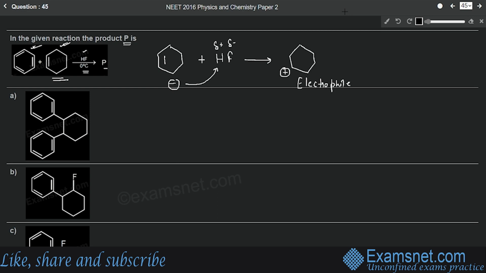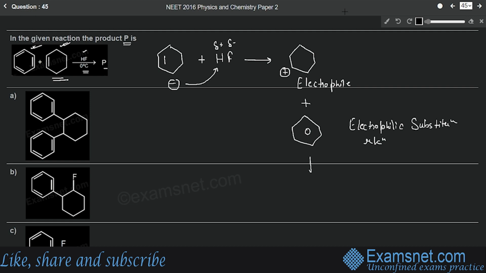Now this electrophile will react with the benzene ring, and an electrophilic substitution reaction will take place, because the electrophile will get substituted here.